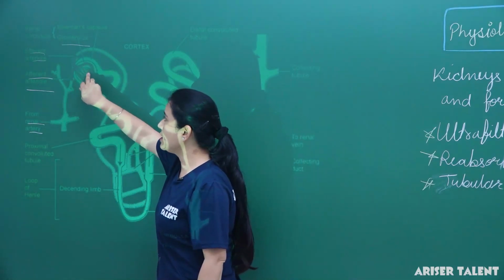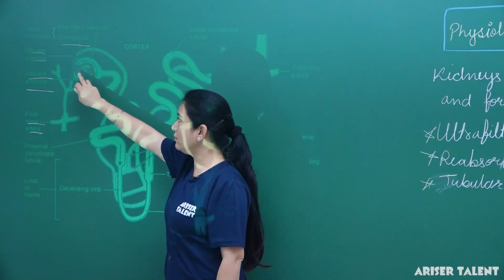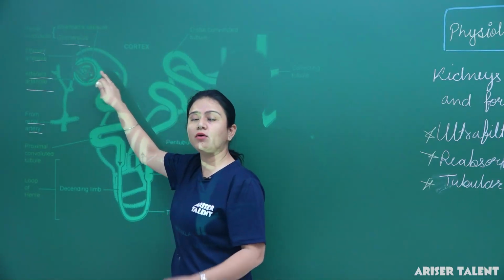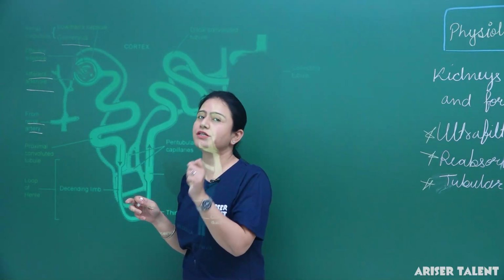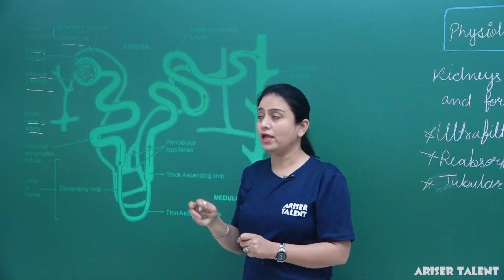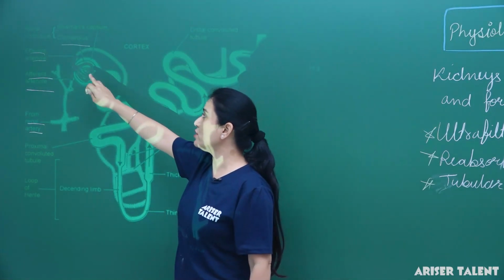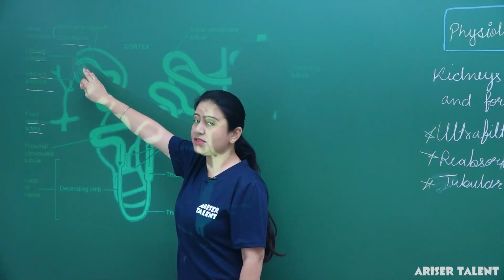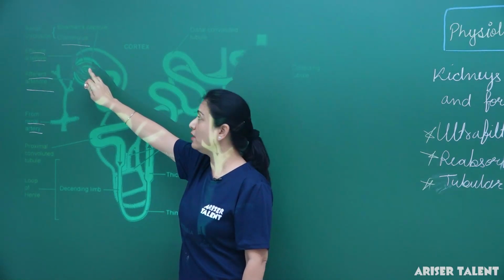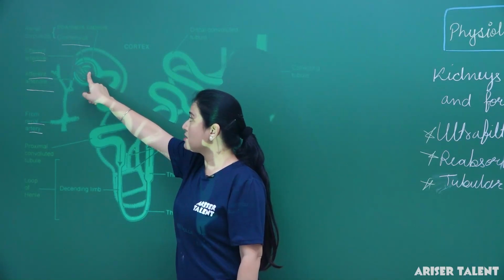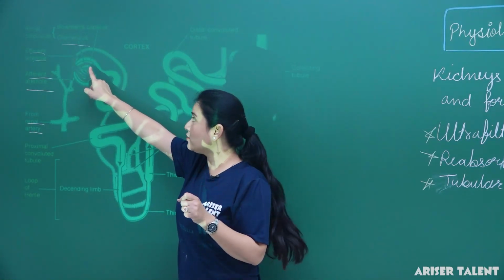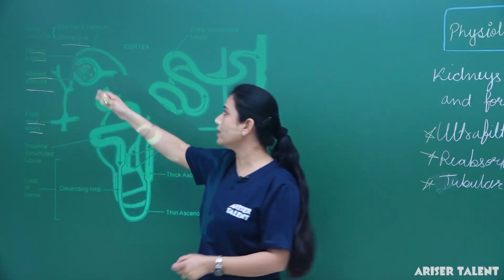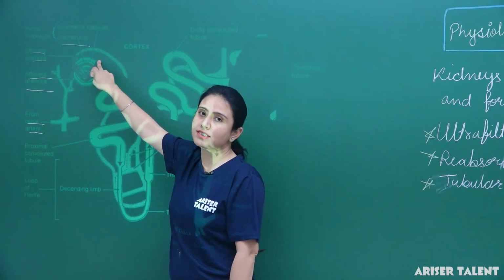Now what happens when the blood reaches the glomerulus? Here the blood pressure is very high. Because of this high pressure, or we must say high hydrostatic pressure, the plasma is forced to ooze out from the glomerulus into the Bowman's capsule.